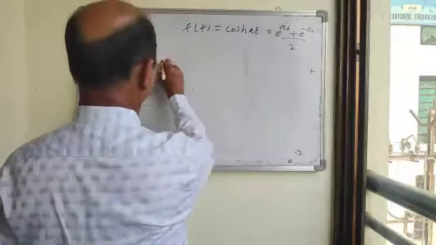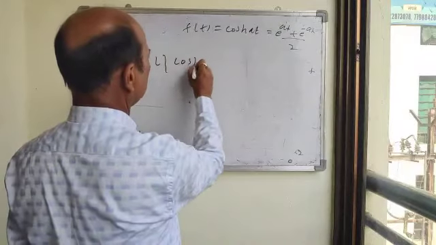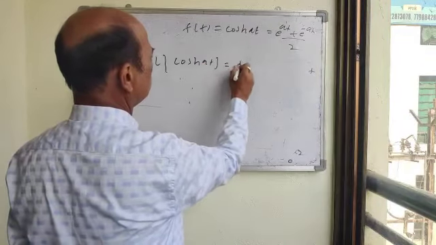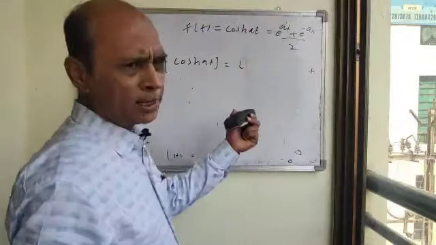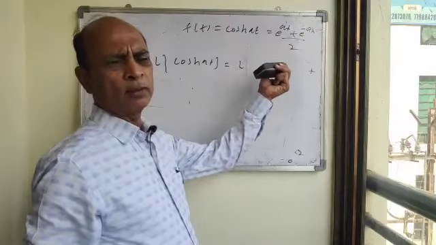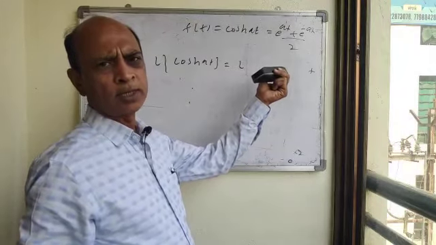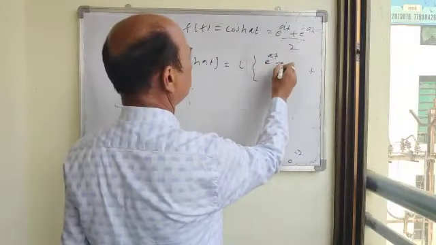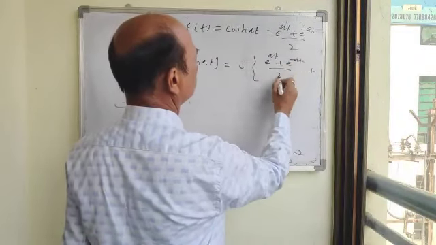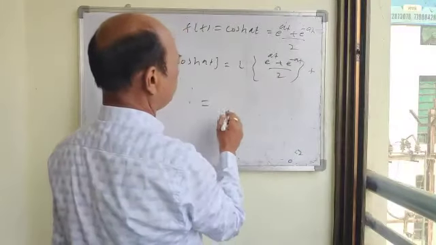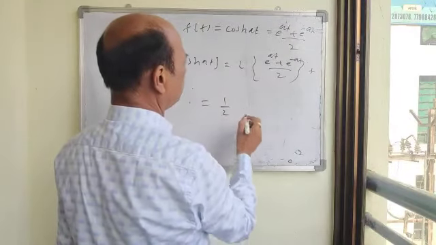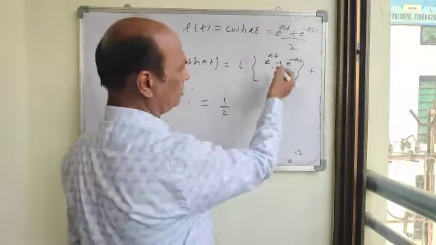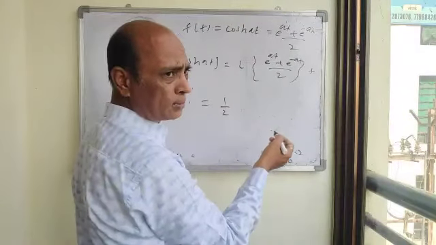So let us find the Laplace transform of cosh at. That is equal to L of, now here you can directly use this formula for cosh at, L of e to the power at plus e to the power minus at divided by 2. So that is half into L of this plus L of this, that is the linearity property.